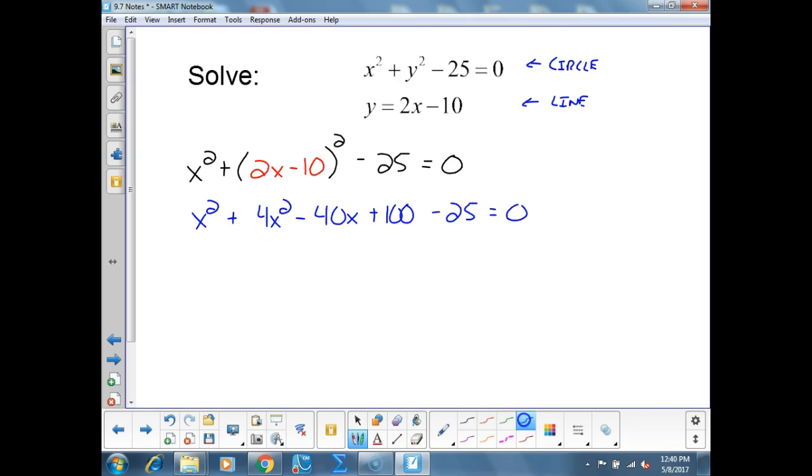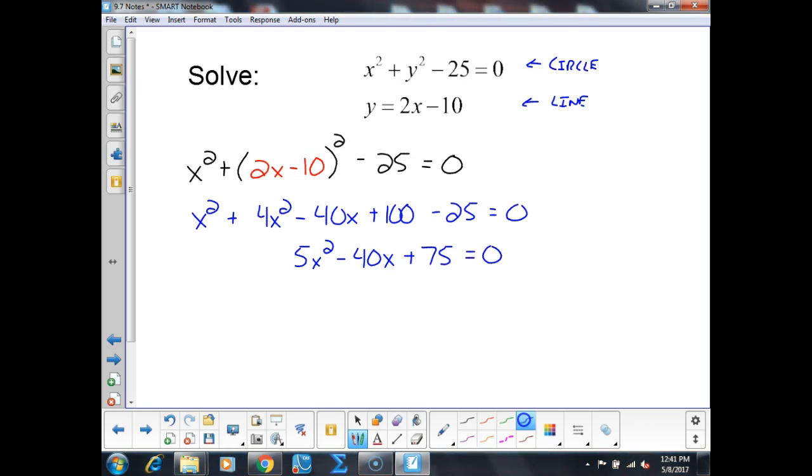Alright? So this then becomes 5x squared minus 40x plus 75 equals 0, which becomes x squared minus 8x plus 15? I'm sorry.